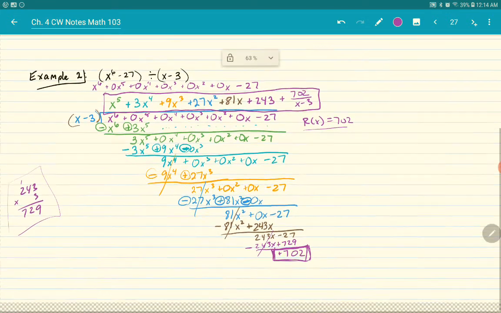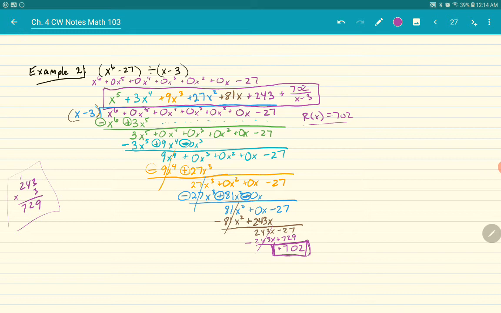But if I'm asked to separate the remainder and the quotient, then the remainder is 702 and the quotient is x to the 5th plus 3x to the 4th plus 9x cubed plus 27x squared plus 81x plus 243. All right, that's a long one.